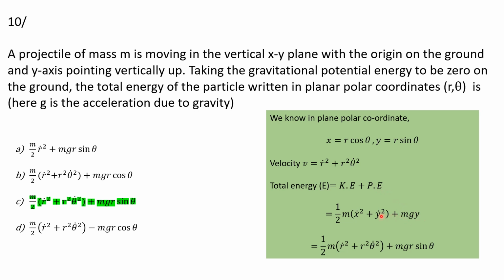So by putting all the values here, we can get half m into r dot square plus r square theta dot square plus mg, and the y value is equal to r sin theta. So the answer matched is option C, that is m by 2 into r dot square plus r square theta dot square plus mgr sin theta, and this is the total energy.